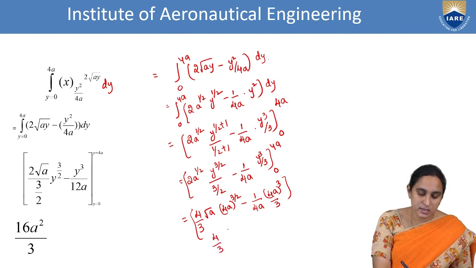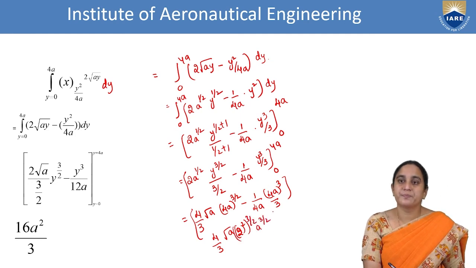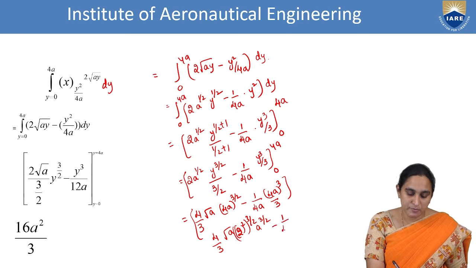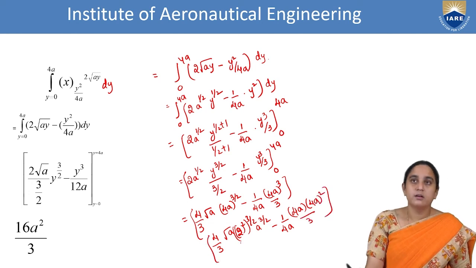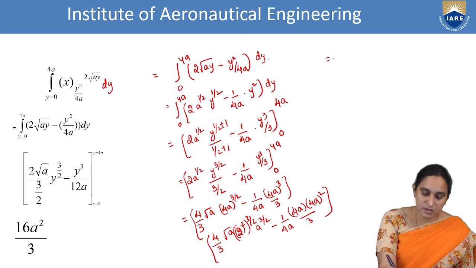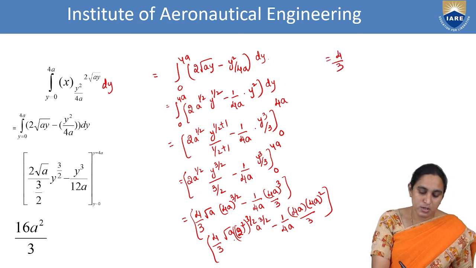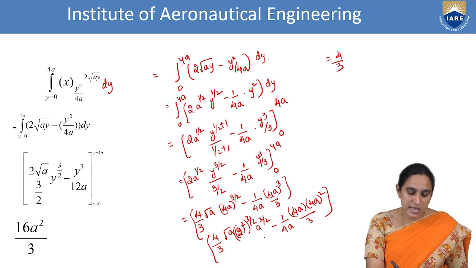I'll write this directly: root a into 4, which I'll write as 2 square, whole power 3 by 2, into a power 3 by 2, minus 1 by 4a into 4a whole cube, which I'll write as 4a into 4a whole square, divided by 3. From that, 4 by 3 into root a into a power 3 by 2.